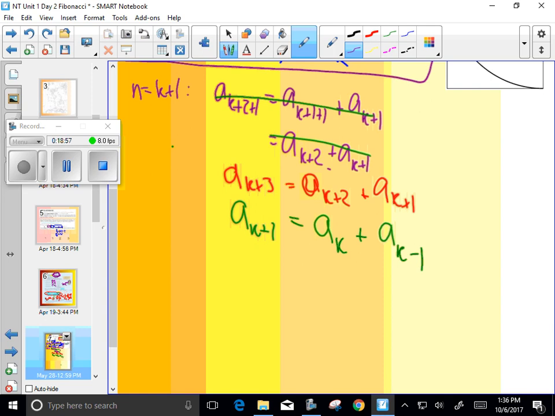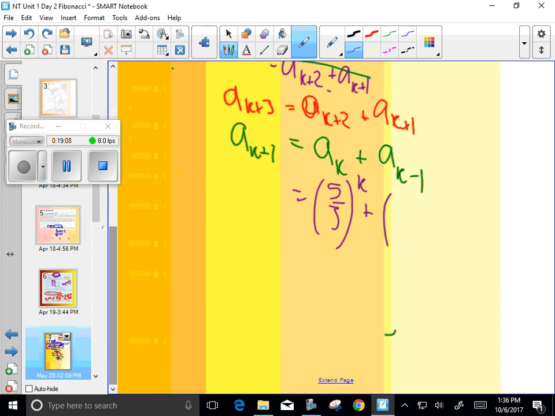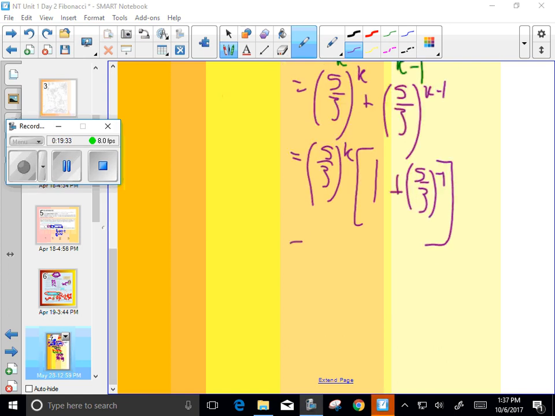So once I have that, now a of k was 5/3 to the k. Correct? 5/3 to the k. And this is 5/3 to the k minus 1. If I take out a 5/3 to the k, I'm going to get 1 plus 5/3 to the negative 1. This works, will be a miracle. 5/3 to the k.